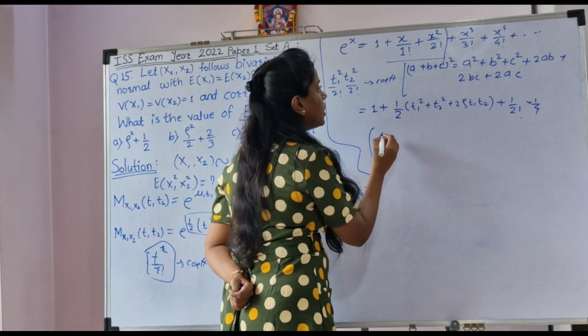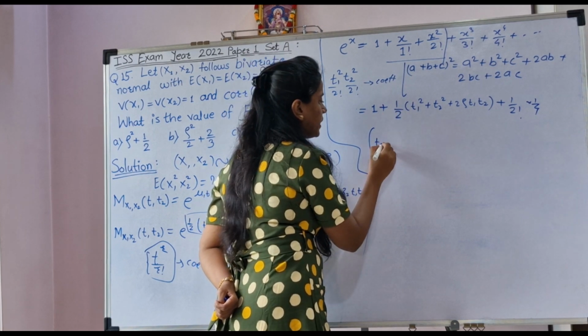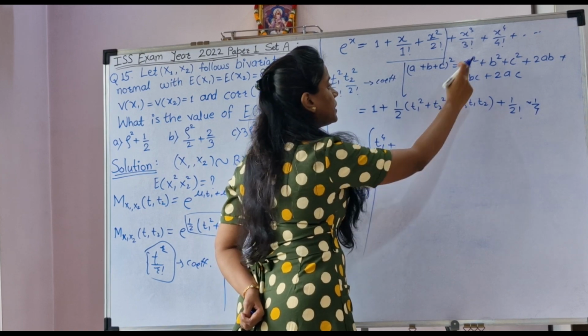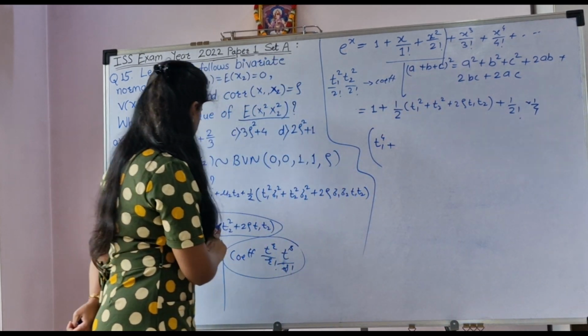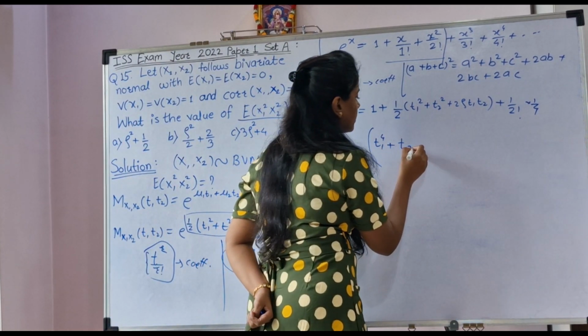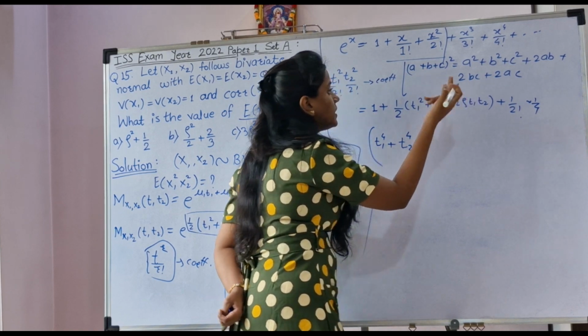First we take a square, which will be t1 to the power 4, plus b square, which is the second term t2 square squared, t2 to the power 4, plus c square.